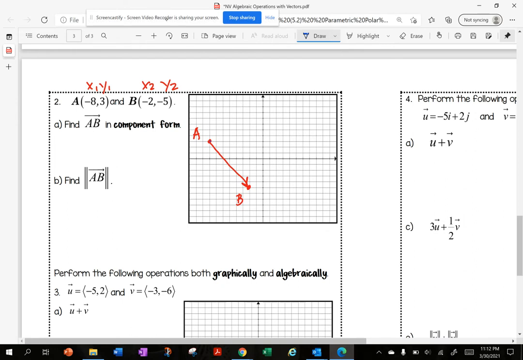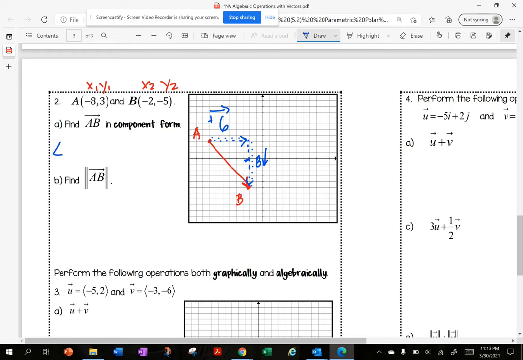So the component form is 6 to the right, and 8 down, or -8. So when I want to put this at the origin, I can subtract these.